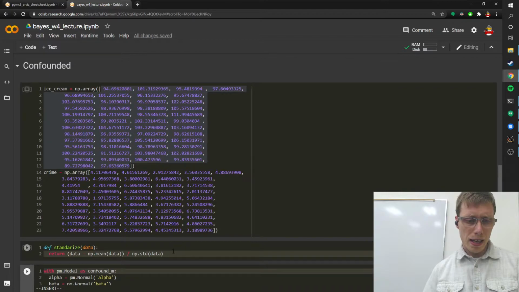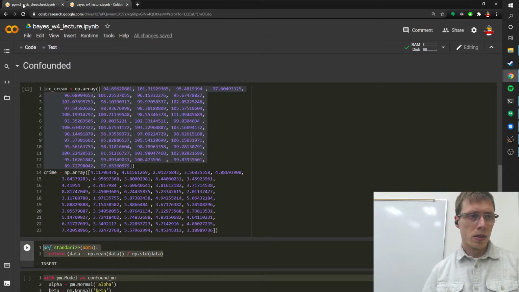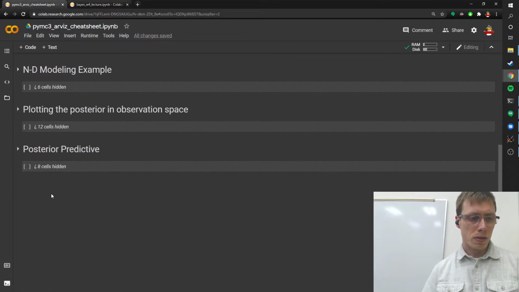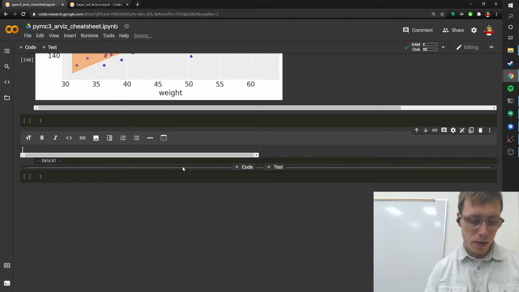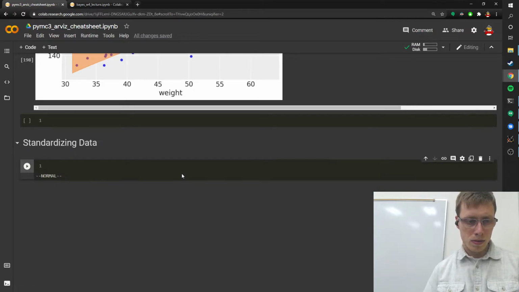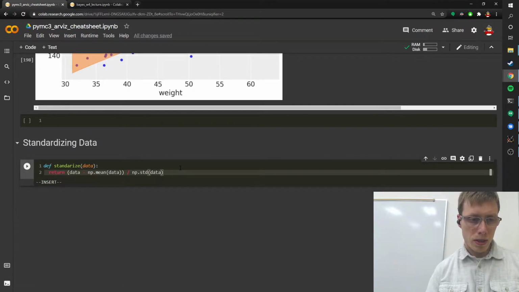It's probably a good idea to add this into our cheat sheet. So let me just add that in here, before I forget: standardizing data. There we go.